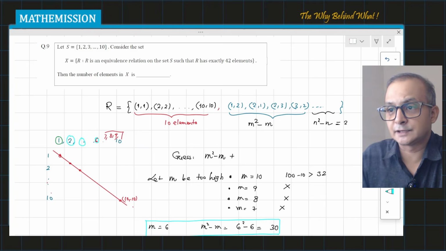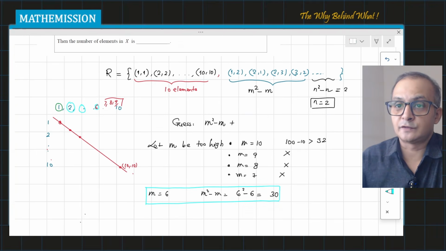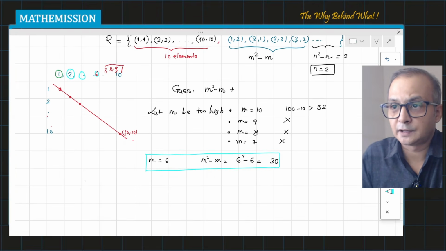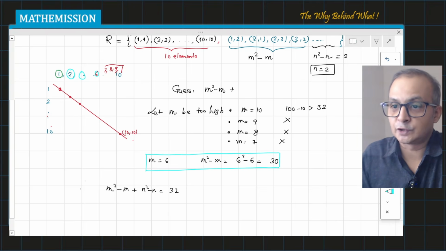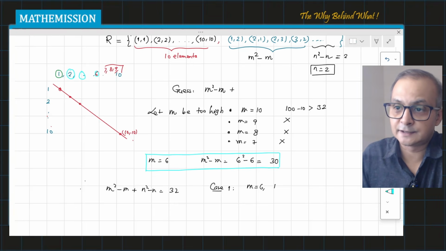And when this total is 2, it means n is going to be 2. You notice this is the same structure. So what we got here is, now I need m square minus m plus n square minus n equal to 32. So case 1: m is equal to 6 and n is equal to 2.